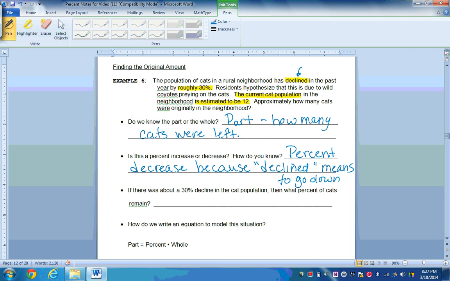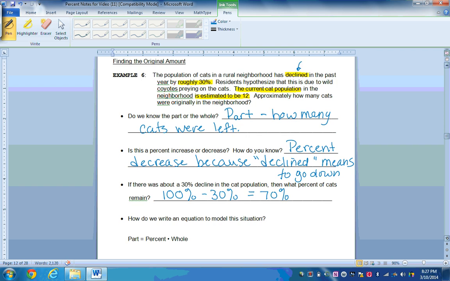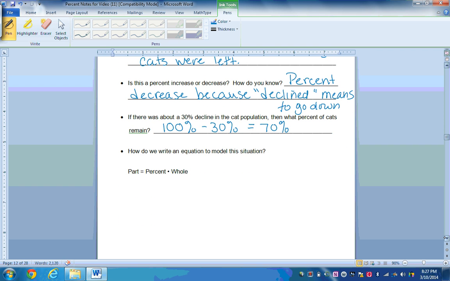All right, in this next question here, if there were about a 30% decline in the cat population, what percent of the cats remain? Well, if we started with 100% of the cats and they went down, or we subtracted 30% of them out, what would we still have? We still have 70% of them. So if we go back to the equation that we worked with yesterday, how do we write it?